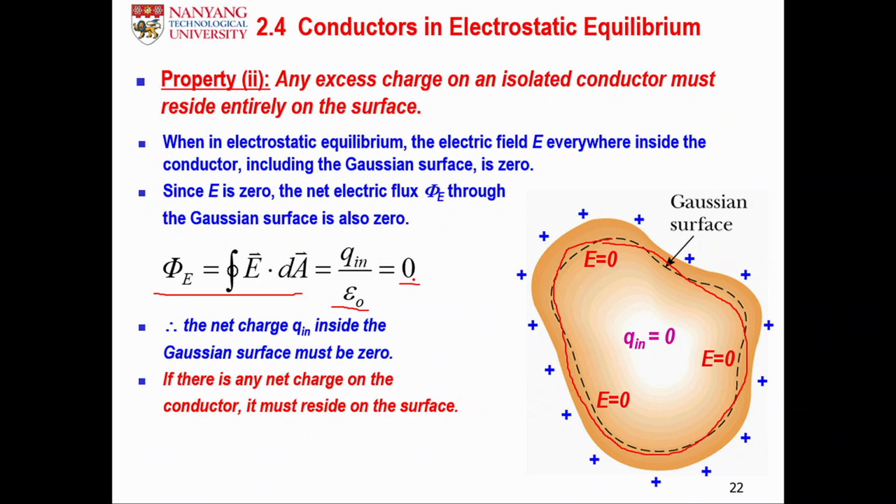And this will always be 0. Why? Even if you have no idea about this Q in, you can still tell it must be 0.